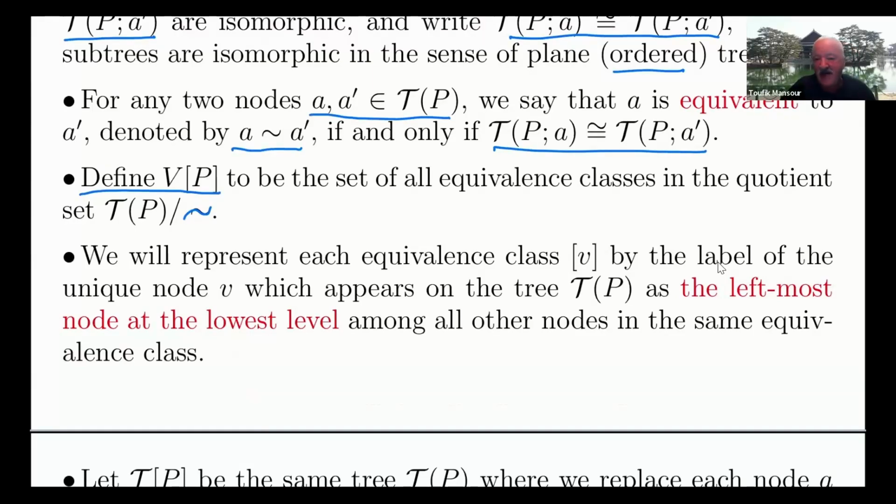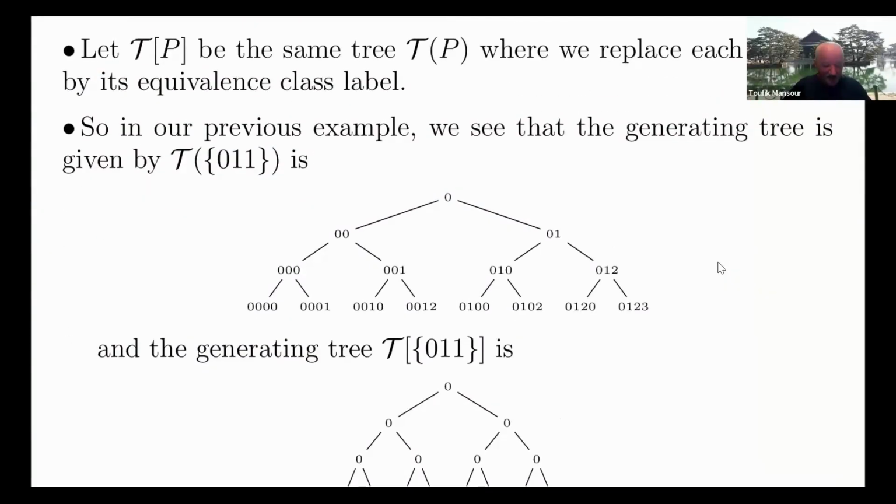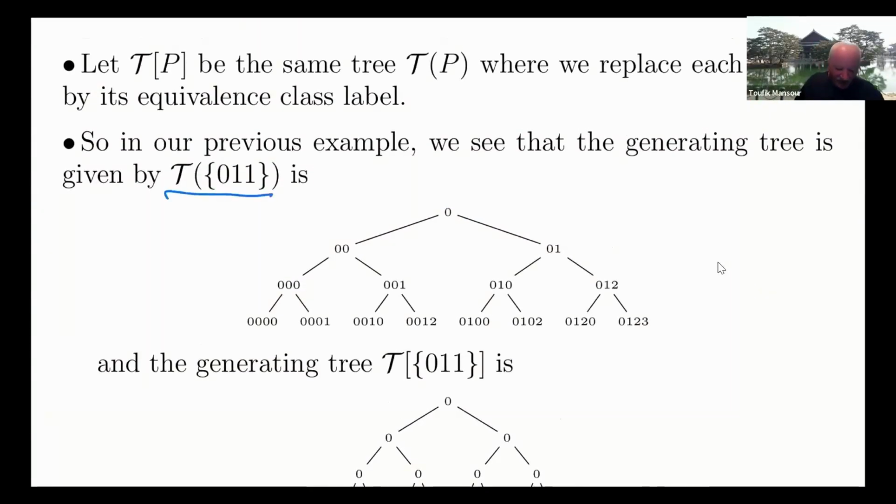So that means we have equivalence classes. I choose the first one that appeared and put it instead of all the others, or anyone equivalent to it, up to my relation. And here is the example that we started with, 0, 1, 1.